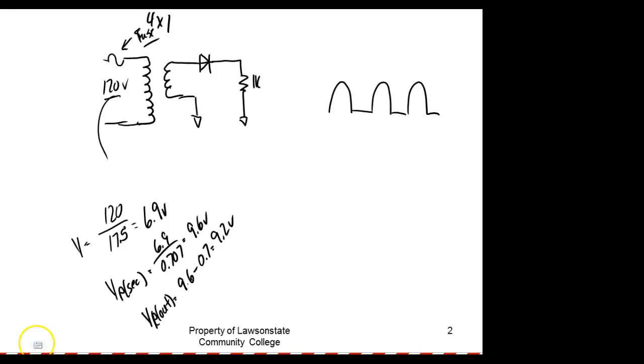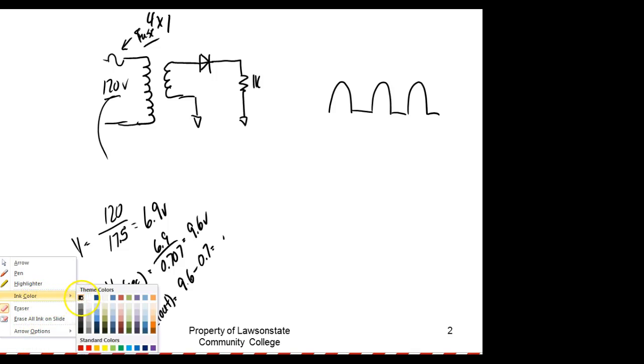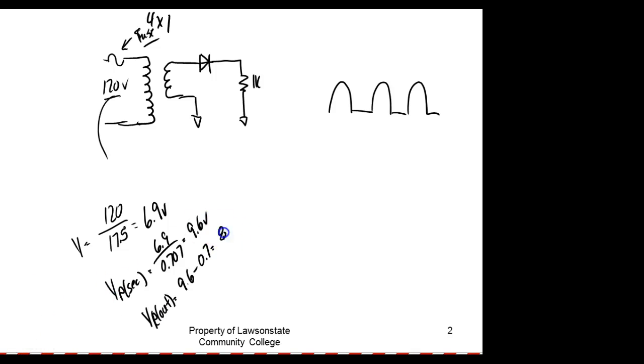Oh, yeah, I can't subtract. 8.9. Then I would come over here and say volts DC would be equal to 8.9 divided by 3.14.